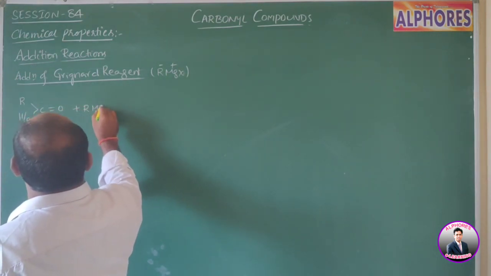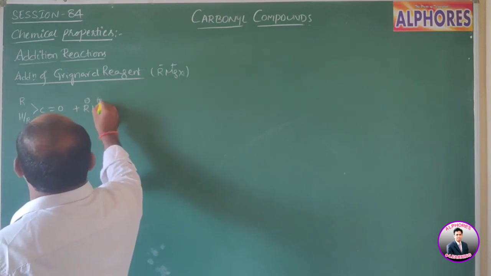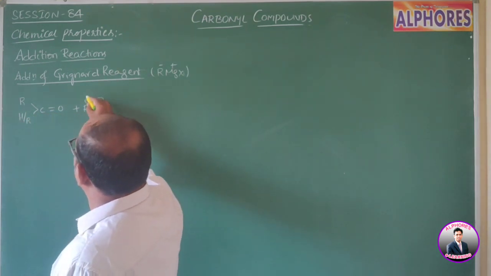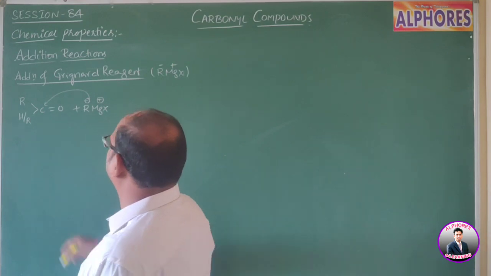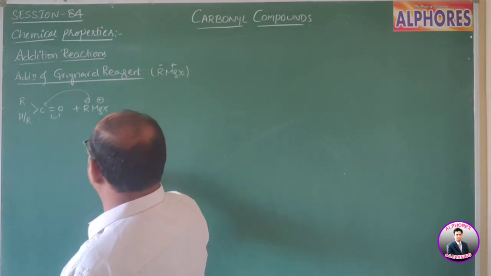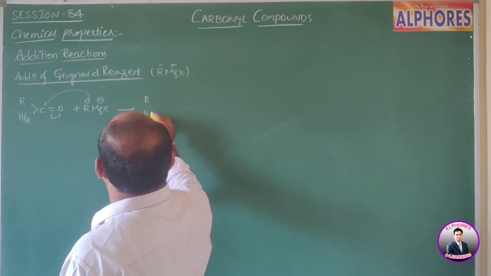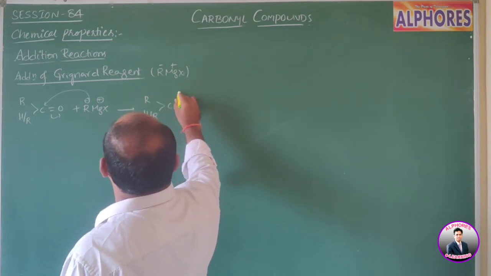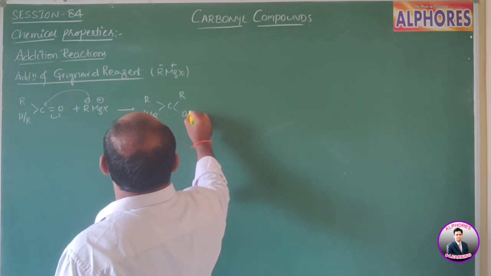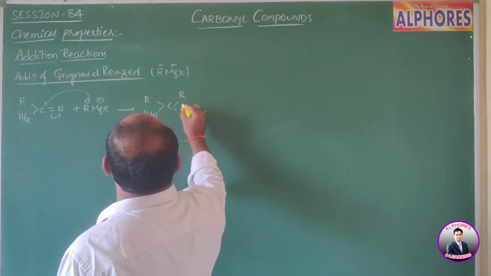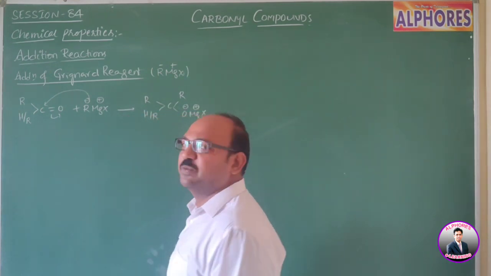Upon reaction with RMgX, you know very well R- acts as a nucleophile. It attacks the carbon, and O- is stabilized with MgX+. So we get R-O-MgX, here O- and MgX+.